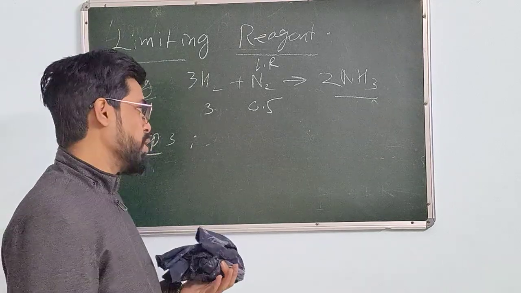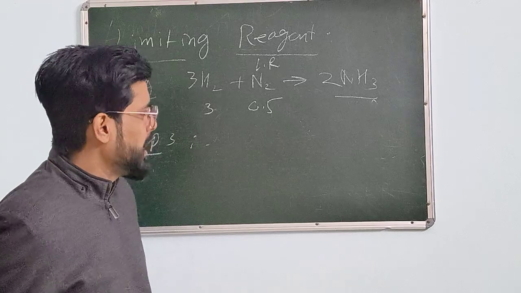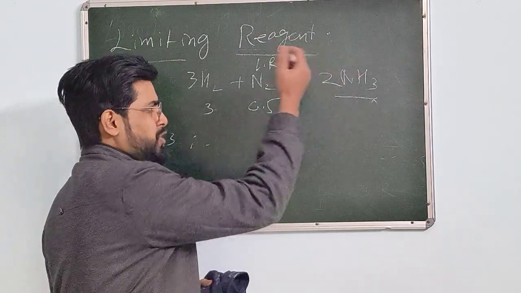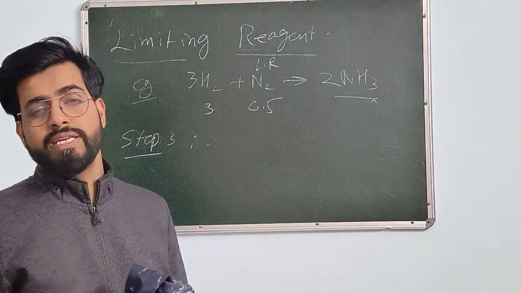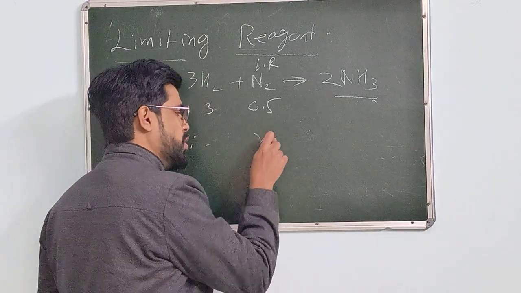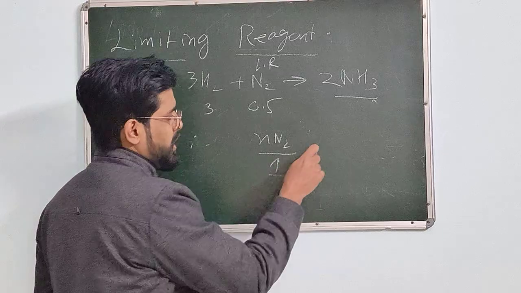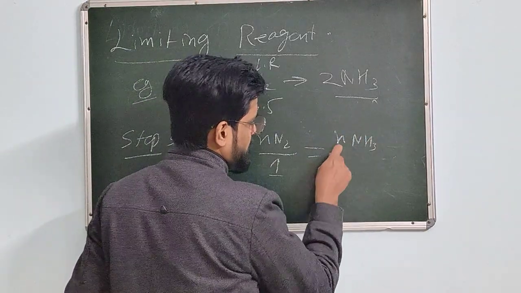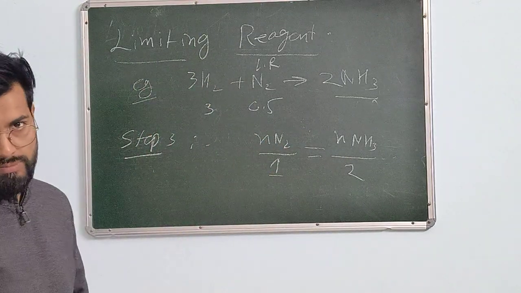So in that situation, the ratio of N2 with its stoichiometry and the ratio of the moles of the product with its stoichiometry are equal. So the moles of N2 divided by its stoichiometry 1, and the moles of NH3 divided by its stoichiometry 2, definitely they are equal.